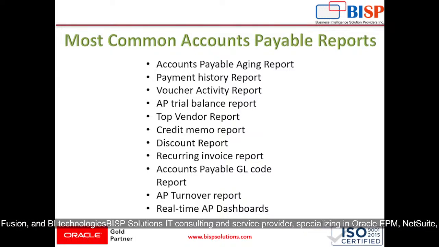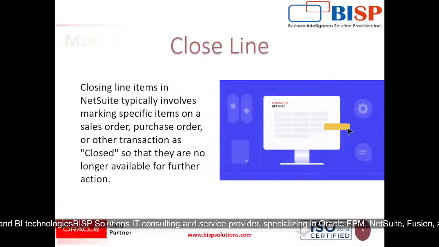Then coming to our next topic, which is close line. So in NetSuite, what is close line? It typically involves marking specific items on a sales order, purchase order, or other transaction as closed, so that they are no longer available for further action.